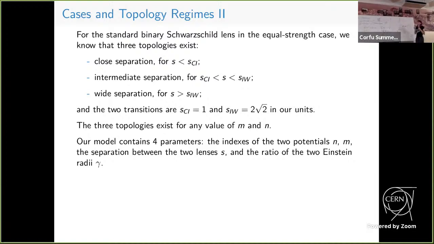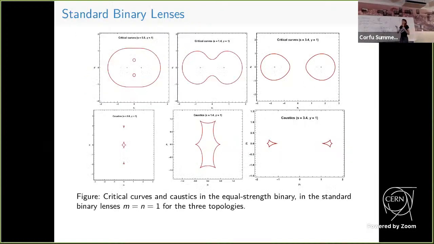We start with this example. These are above the critical curves of the standard binary lenses. What does it mean? It means that we have 2 standard lenses with n equal to 1. So the potential is 1 over r. And by standard, I mean a Schwarzschild object.